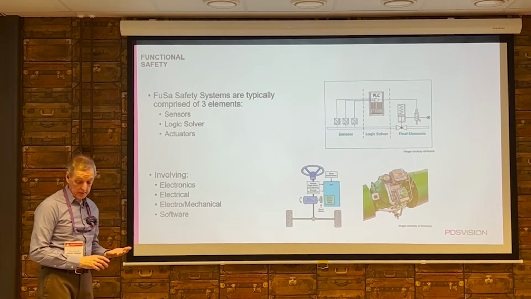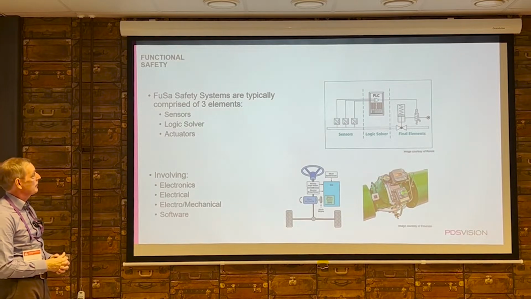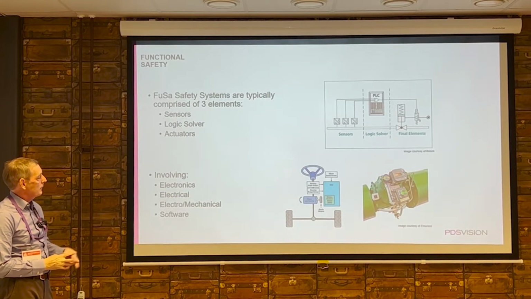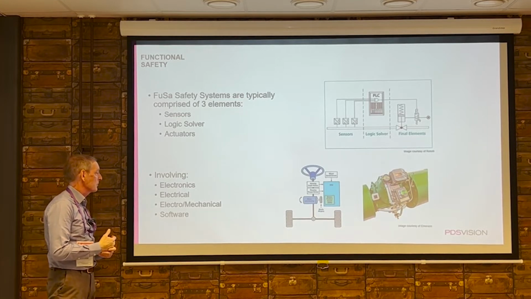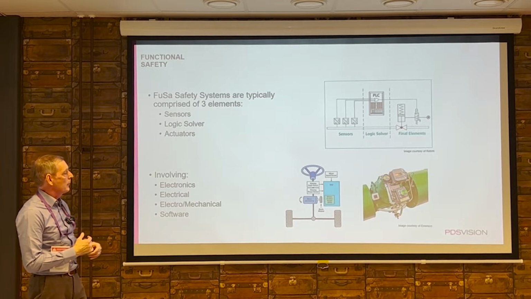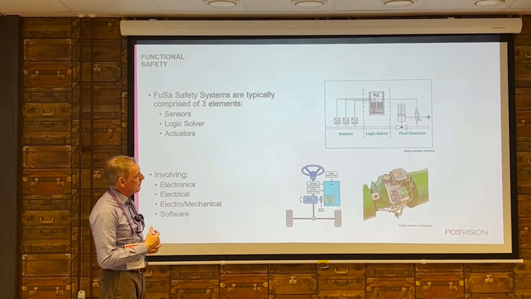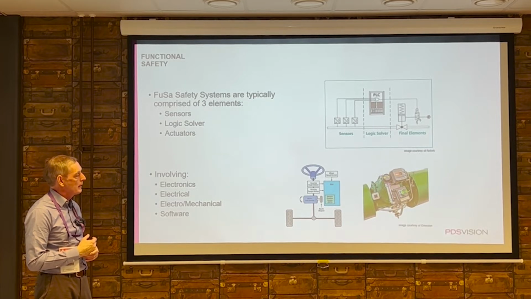So the three elements within a functional safety system are the sensors, the logic solver, and the actuators. And I've given a couple of examples here, but they would typically include electronics, electromechanical, and software products. But here on the right-hand side, we have a controller valve that's in a pipeline.